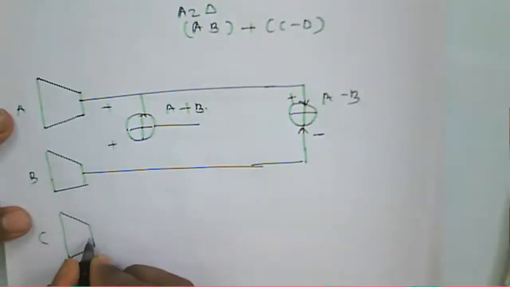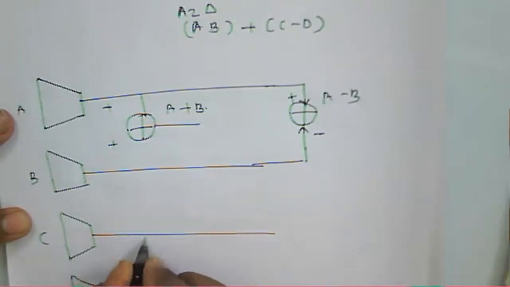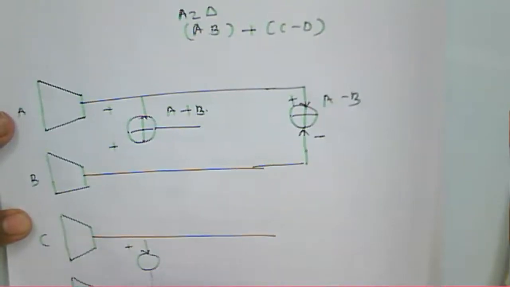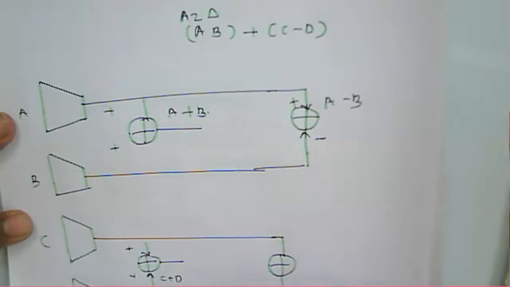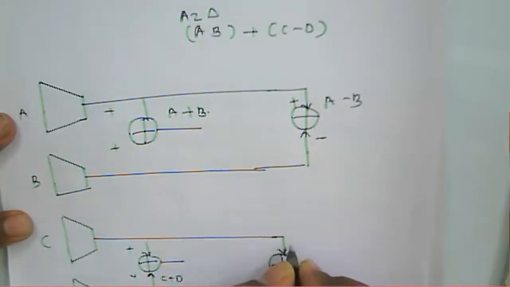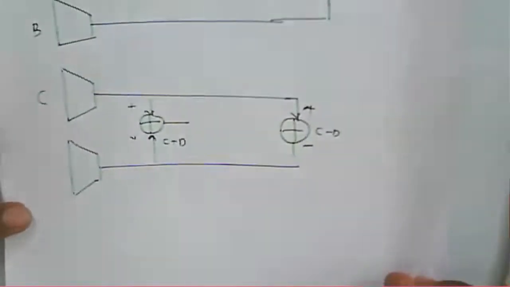Similarly, we have C plus D. This one is plus, this one is plus, and we get the C plus D output here. And then this one is plus, this one is minus, and we get the C minus D output. Okay, likewise.